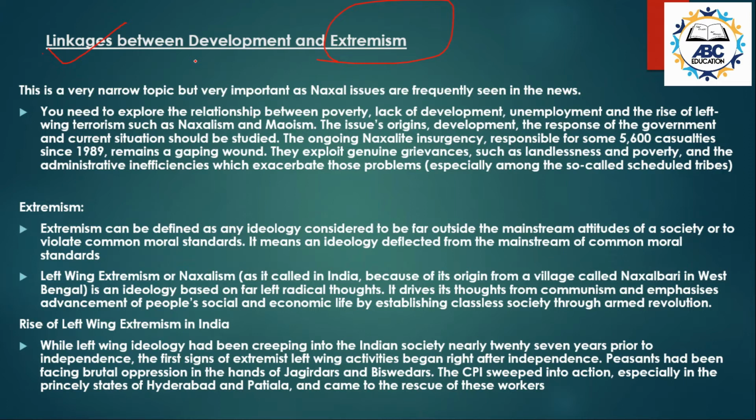Basically ये core एक understanding है इस topic की कि extremism का problem तो समझना ही समझना है, साथ में हमें ये भी समझना है कि what is that lacking on the part of government, that the fruits of development are not reaching this section of the society which is getting affected from the problems of Naxalism.